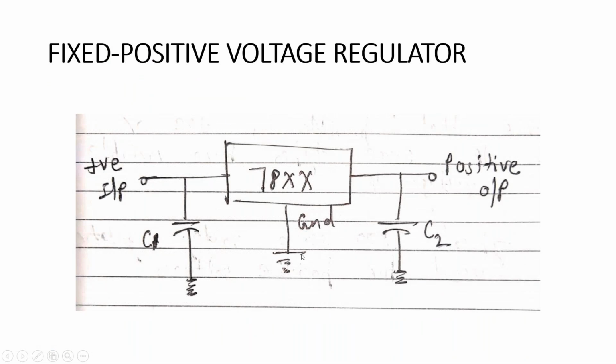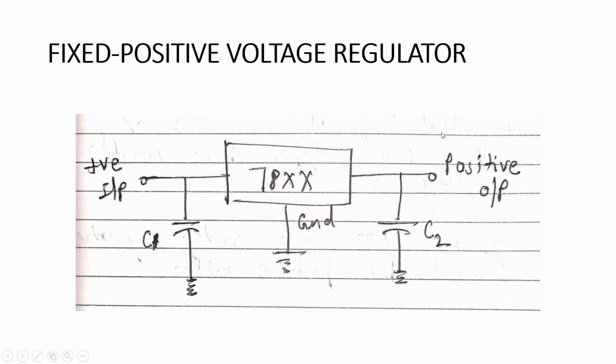This is fixed positive voltage regulator. Here you can see fixed positive voltage regulator consists of 78XX series. 78XX series will give you positive voltages. Unregulated input voltage Vin is filtered by capacitor C1 and connected to IC in terminal.